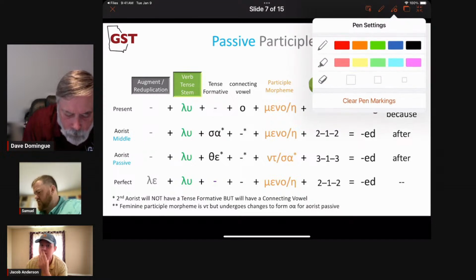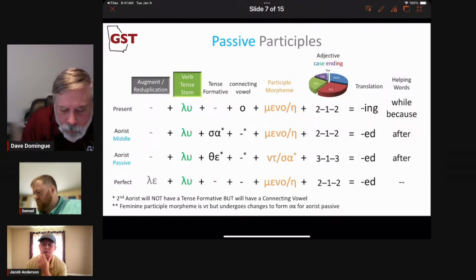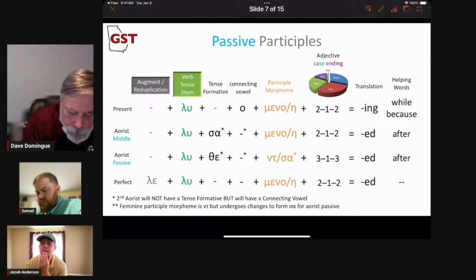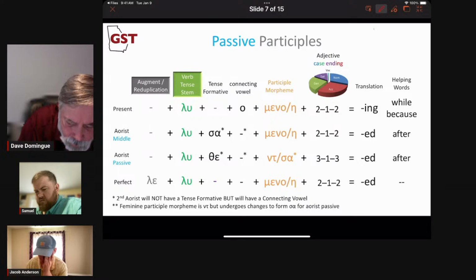Is it sigma? Oh, I just erased everything accidentally. Man. All right, let's add it back up. I don't know how much time I want to spend on this. All right, so we'll go third declension, masculine, neuter.